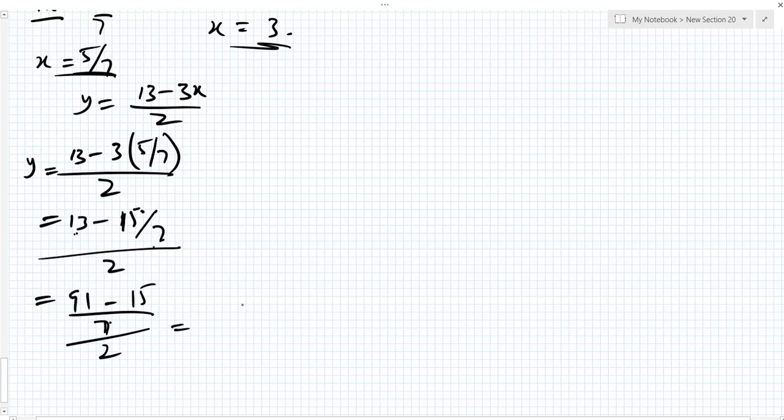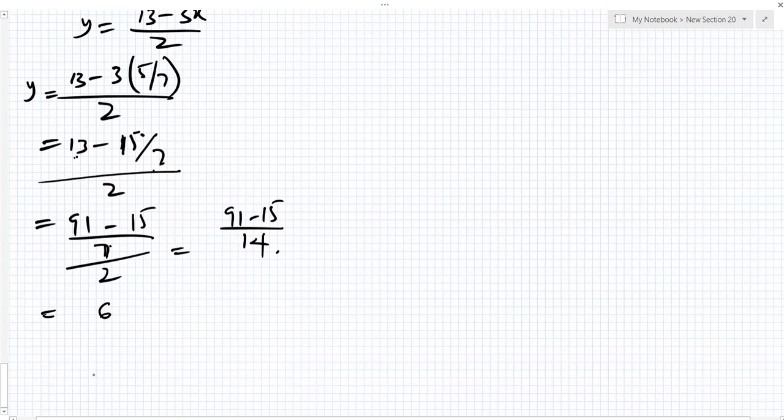So this whole thing will give you 91 minus 15, divided by 14. So 91 minus 15 is 76.